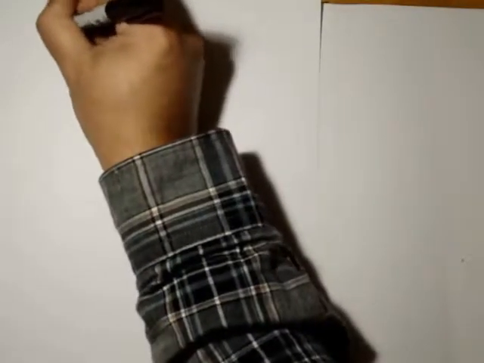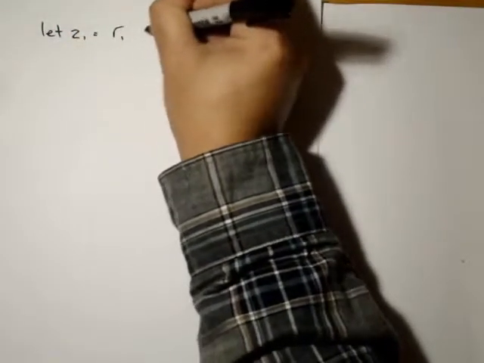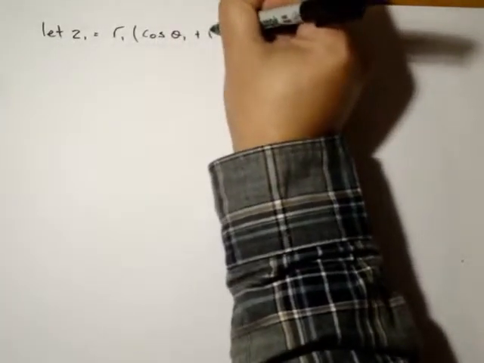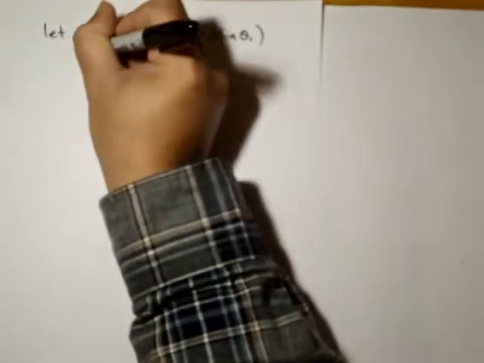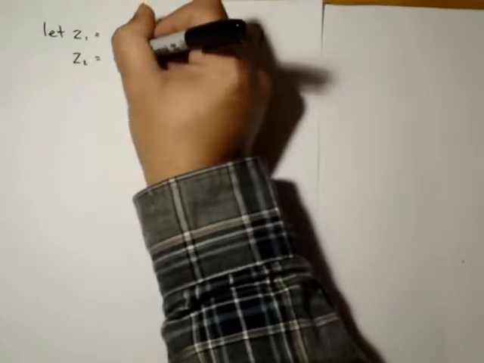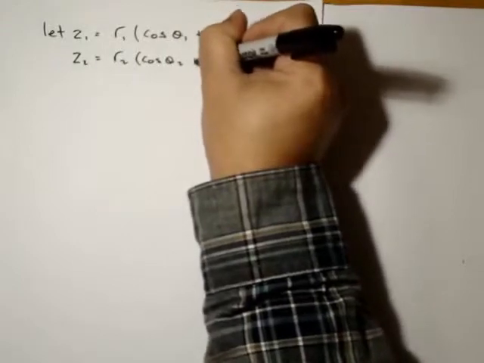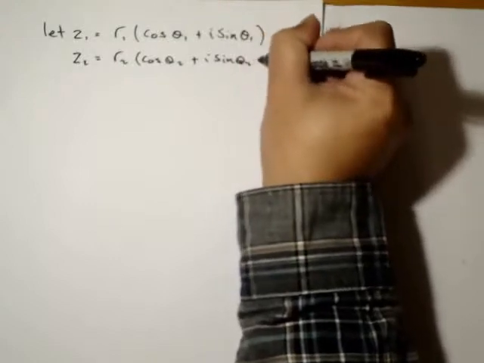Going to have a look at what happens when we multiply complex numbers together. So if we have, let z1 equal r1 cos theta 1 plus i sine theta 1, and then if we have z2 equals r2 cos theta 2 plus i sine theta 2.